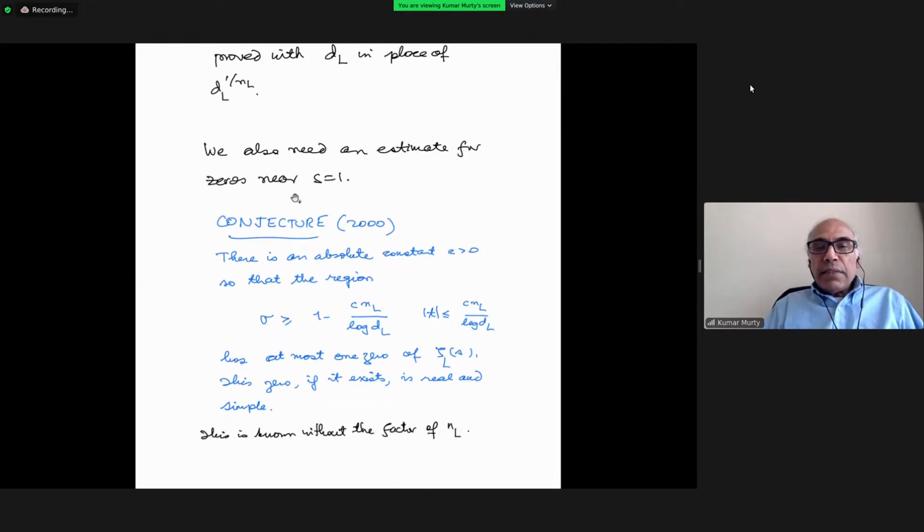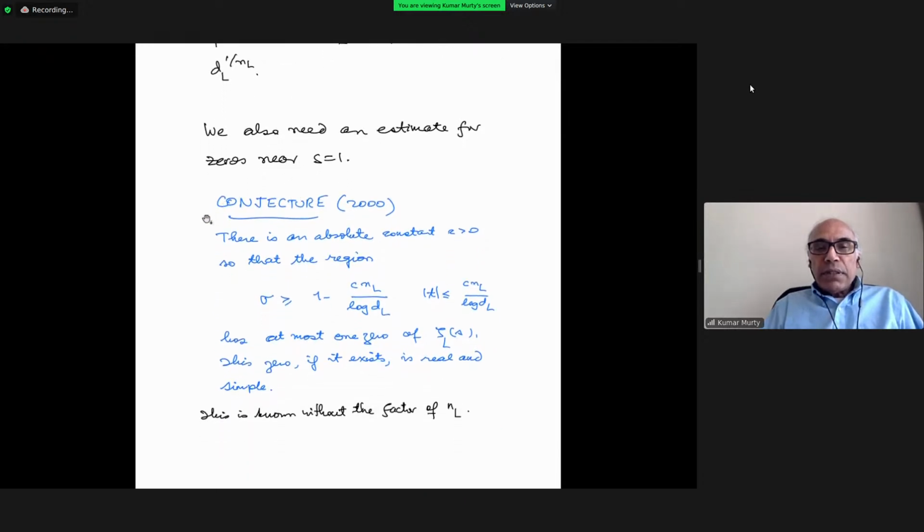The other ingredient that we might need to be able to prove these things, just assuming Artin's conjecture, is a statement about zeros near s equals 1, namely that there's an absolute constant c, so that in this region of width and height basically degree over log discriminant, there's at most one zero, and that zero, if it exists, should be real and simple.